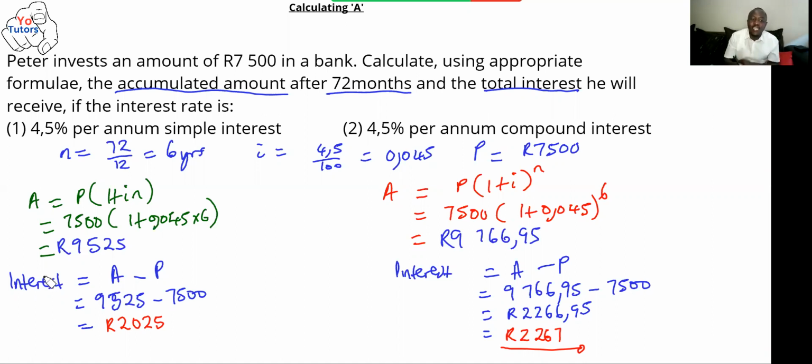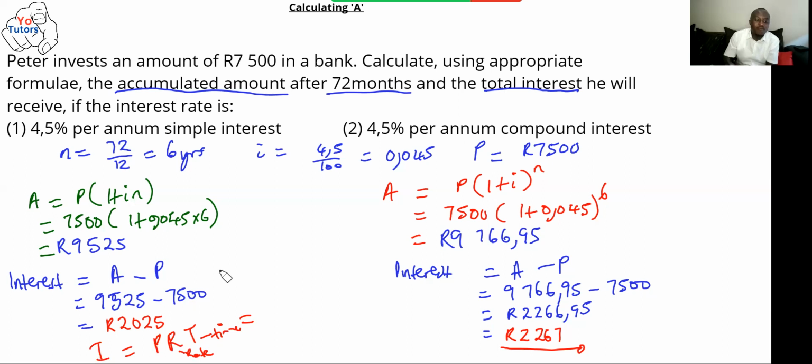But with simple interest, again, you can also use the formula I is equal to PRT. P is the principal, R is the rate, and T is time in years. But I encourage that you use the other one, because this one only applies for simple interest.